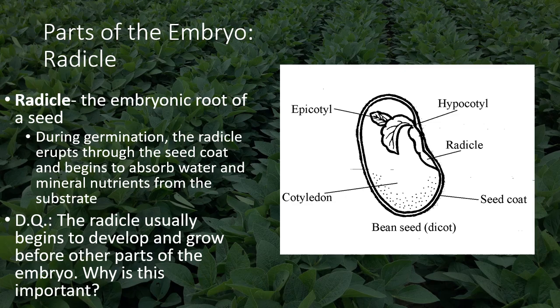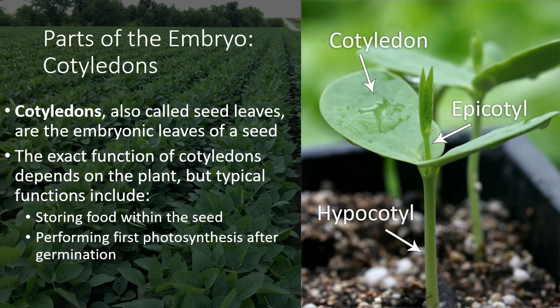So if you don't have a reliable source of water, it doesn't matter how many cells you've made, you can't inflate them with water and you can't make them larger. So the radicle almost always has to develop first before the germination process can continue and proceed.